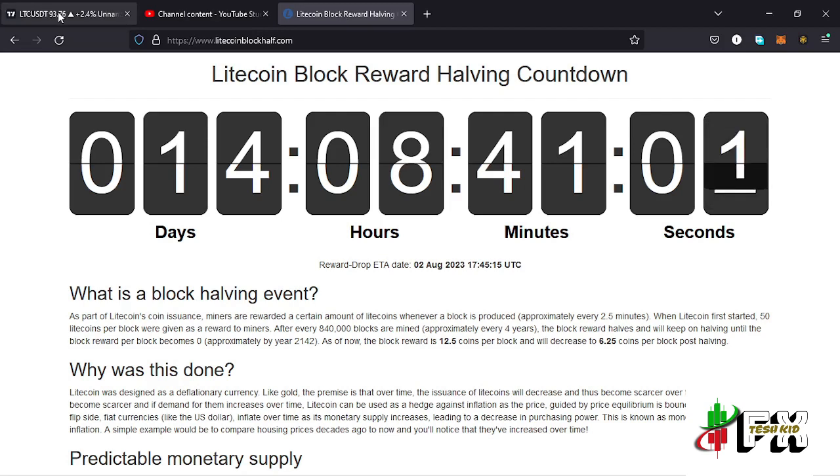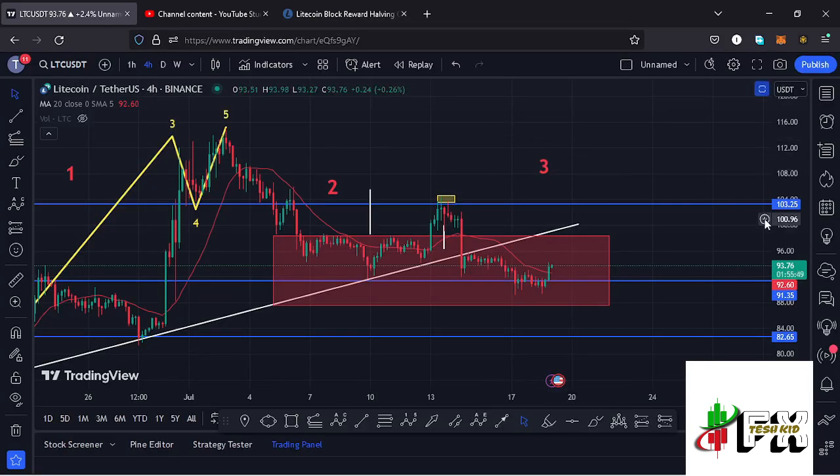Getting back to the charts to give you my technical analysis ahead of the Litecoin halving event, here on the charts you can see that Litecoin at the time of this recording has managed to break above a key area of resistance at around the $91.35 mark, which was previously acting as a resistance.